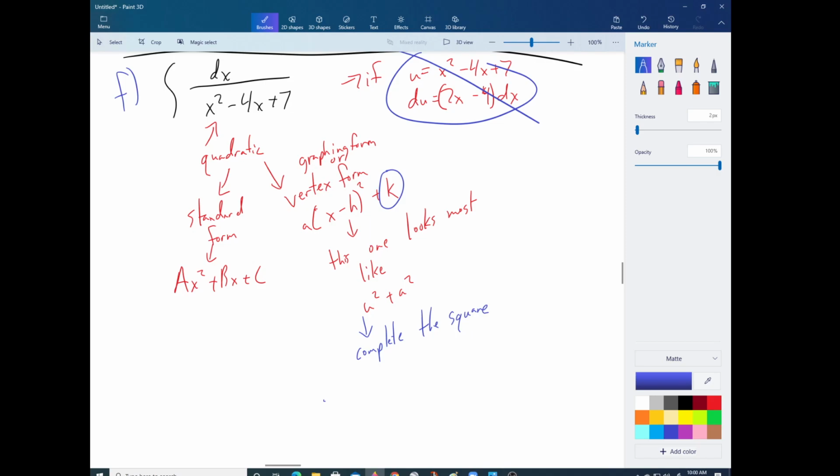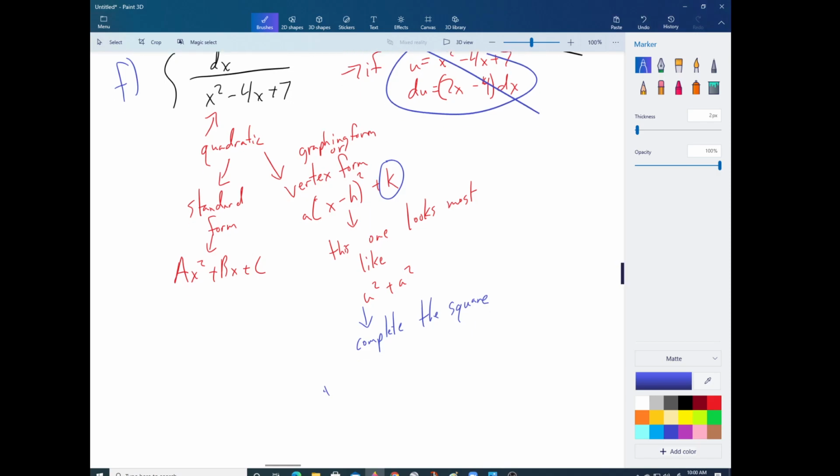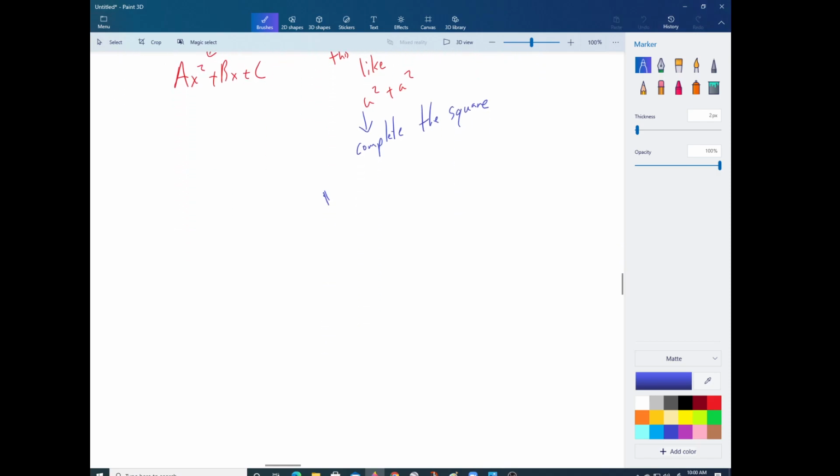So I'm going to look at this problem. Let me scroll down for a little bit. We'll look at the problem again in a moment. But x squared minus 4x plus 7. Think about it as literally completing the square. Now again, Nalina and Cormac, I know you probably didn't necessarily learn this method, and I respect that.